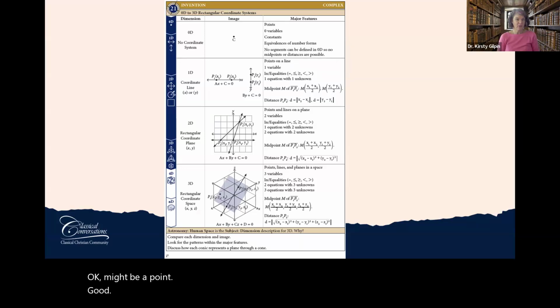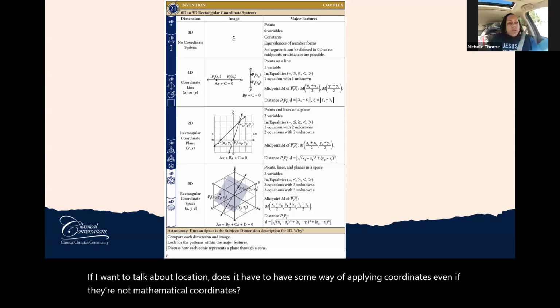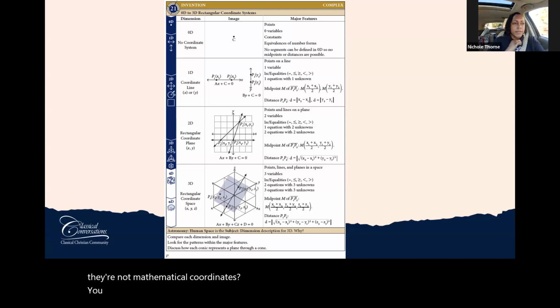If I want to talk about location, does it have to have some way of applying coordinates, even if they're not mathematical coordinates? Well, you could use landmarks, but you also kind of need an origin, a place where people would be coming from. Good.